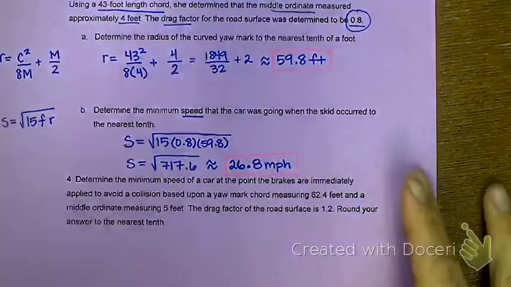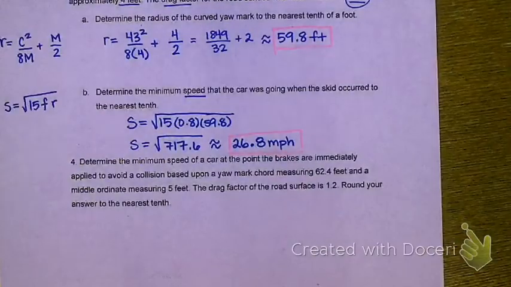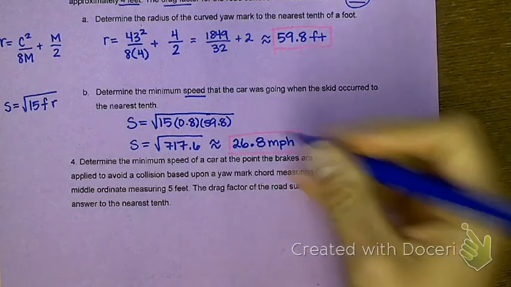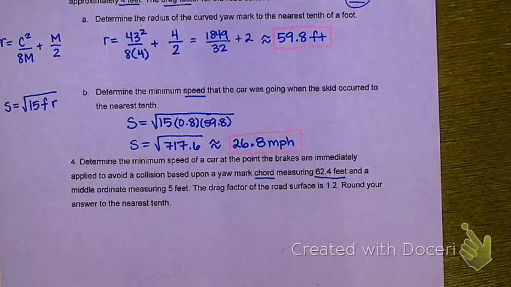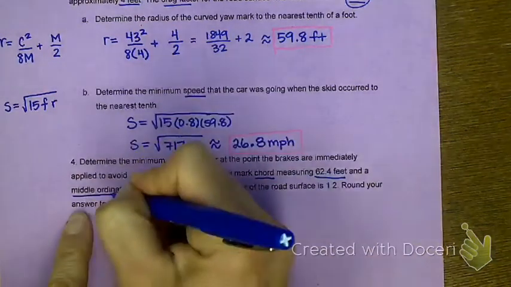The last one says determine the minimum speed of a car at the point the brakes are immediately applied to avoid a collision based upon a yaw mark chord measuring 62.4. So the chord is 62.4, and the middle ordinate measures 5 feet.